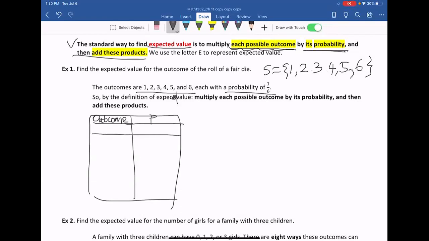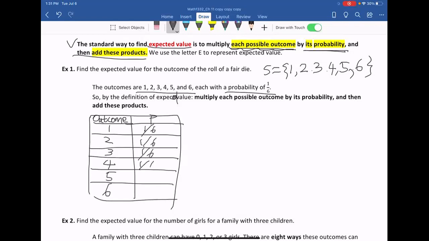So what are the outcomes? We have 1, 2, 3, 4, 5, 6. So these are all the possible outcomes. Each of them, the probability is 1/6.